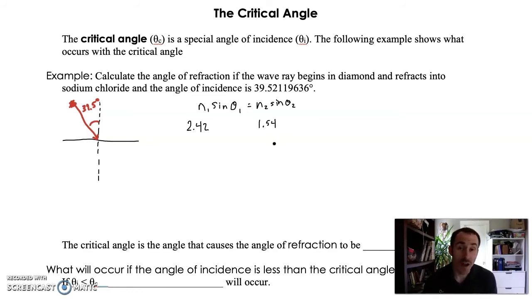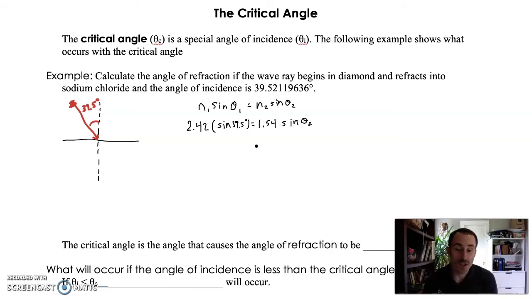I do not know why a diamond would be right next to a piece of salt, but let's go with it. So 2.42 times the sine of 39.5 degrees, and we're going to actually use the whole number, 39.521196636, just to make sure, equals N2 sine theta 2, and we're trying to solve for theta 2.